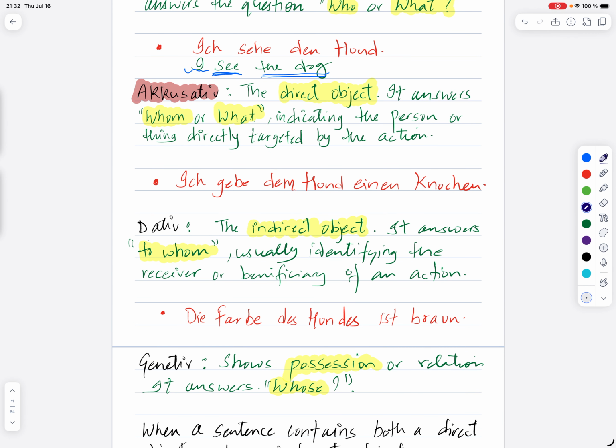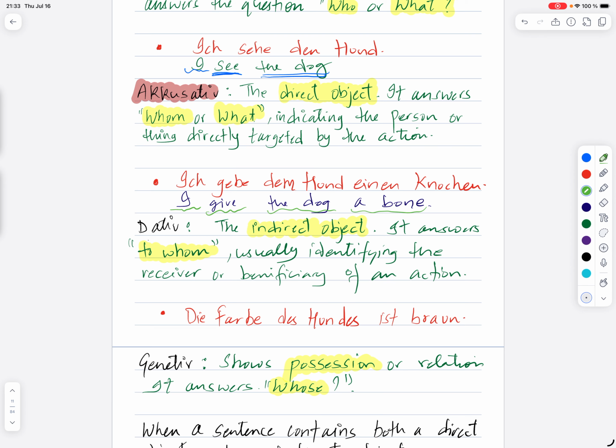Let's translate it into English: I give the dog a bone. If we follow the structure and try to find out the subject, we see I is the subject, give is the activity being done, so this is the verb, and then we have two objects: a person, a living thing, and a thing, a non-living thing.